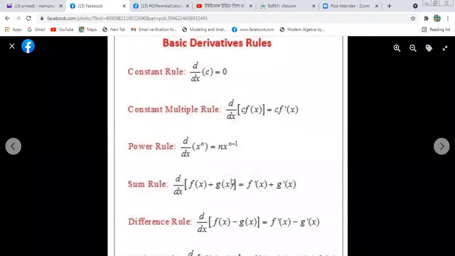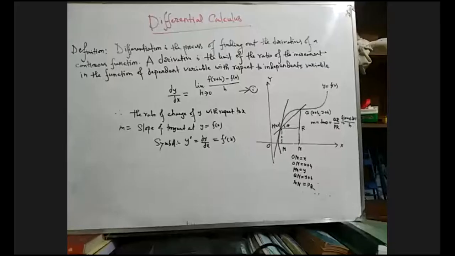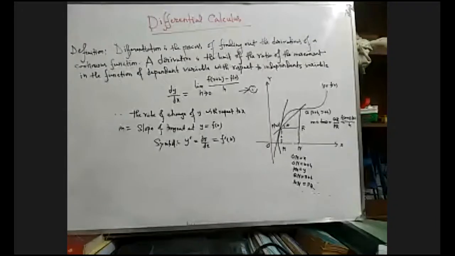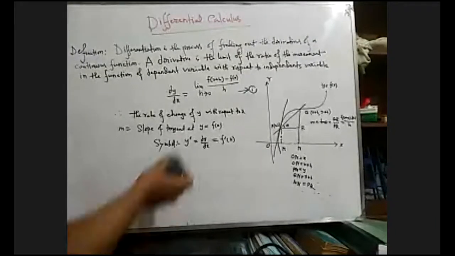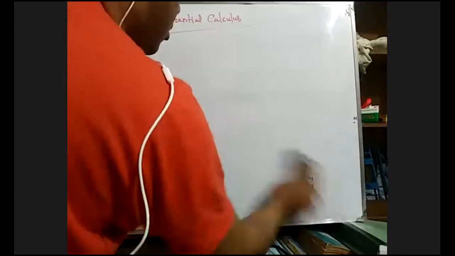So first of all, we use the constant rule, constant multiple rule and power rule, which is a very important rule for us. So now we'll try to understand, using the power rule and constant multiple rule.